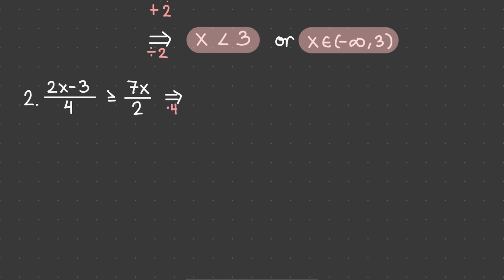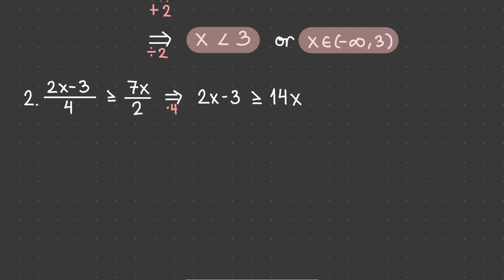Just take note that I prefer this symbol rather than the multiplication symbol since we are dealing with variable x out here. So multiplying both sides, that will give us 2x minus 3 greater than or equal to, for this part, when we multiply this by 4, the 2's will cancel out and we'll be left with a 2, multiply that to 7x, and that will give us 14x.